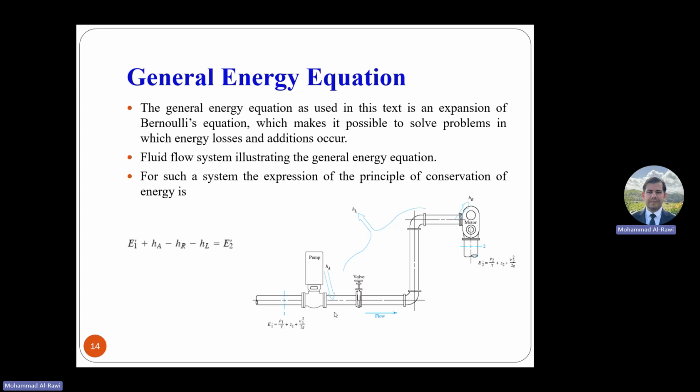If we use only Bernoulli's equation, we write P1 over gamma plus Z1 plus V1 squared over 2g equals P2 over gamma plus Z2 plus V2 squared over 2g. But with the general energy equation, it would be that term plus HA added to the system, minus HR removed from the system, minus HL losses from the system, equals that term.